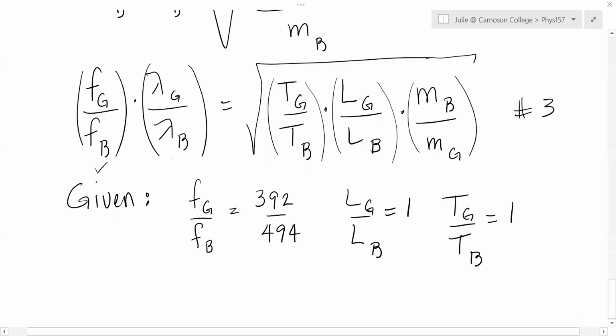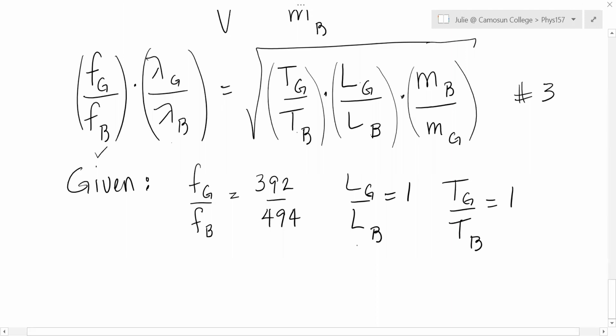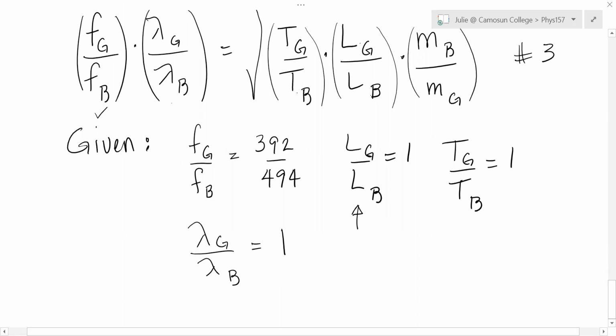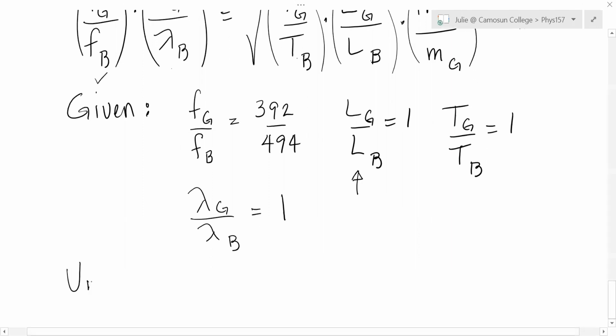But we need one more. Well, this one, if they're the same length and they're oscillating in this fundamental mode, the wavelengths are the same as well. So essentially you are given that the wavelength of G over the wavelength of B is also 1. That's given. And then the unknown is the mass of G over the mass of B.